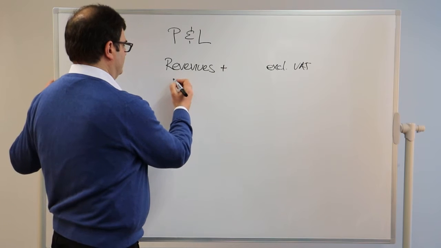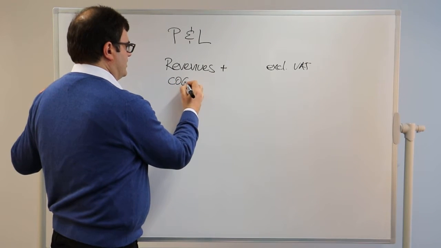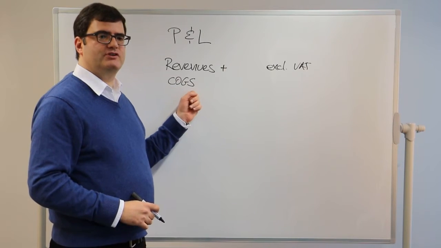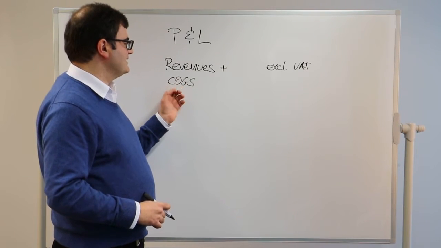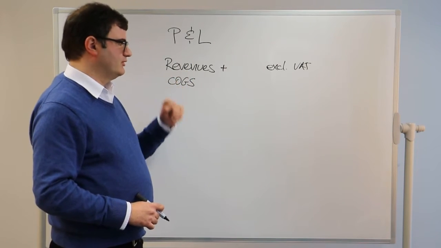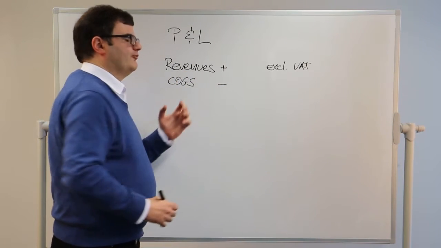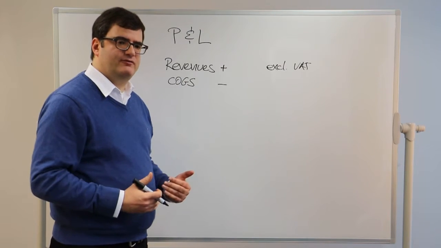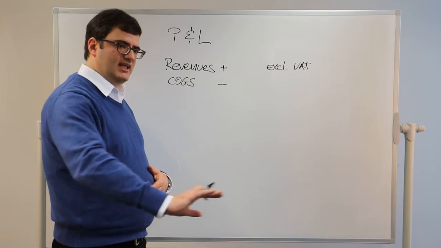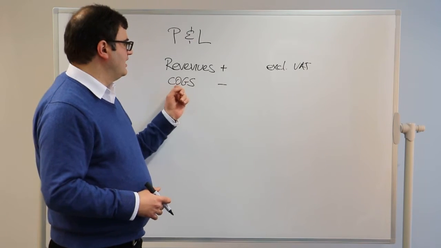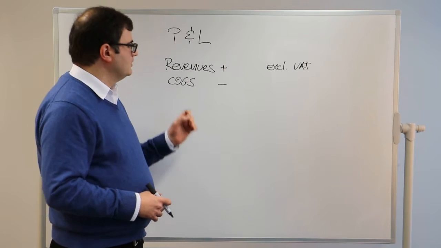The first line is the so-called COGS, which is short for cost of goods sold. And what that means is it's all the cost that is directly related to your revenues. For example, if you're a sales business and you buy a widget for 60 euros and then you sell it for 100, then those 60 euros that you spend are cost of goods sold.